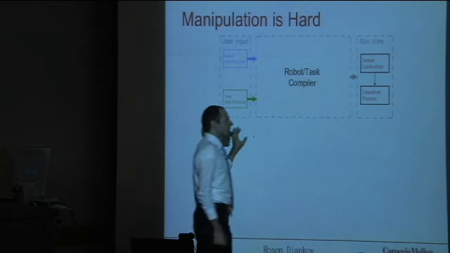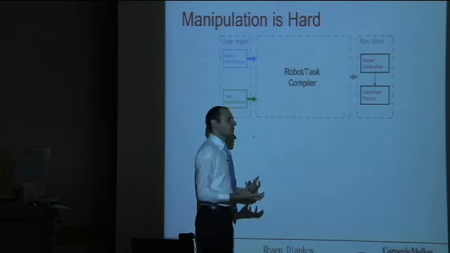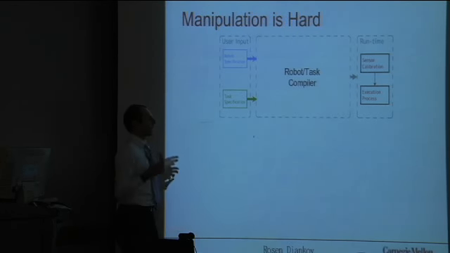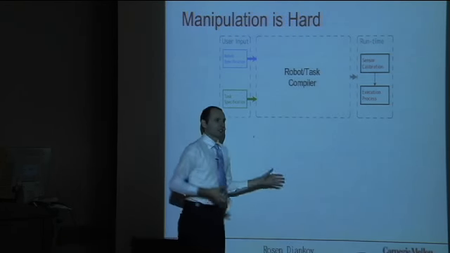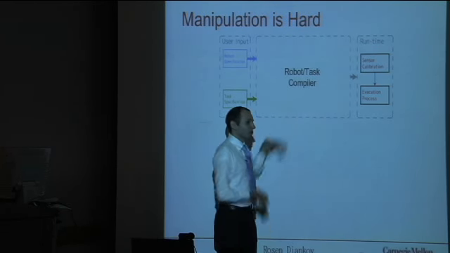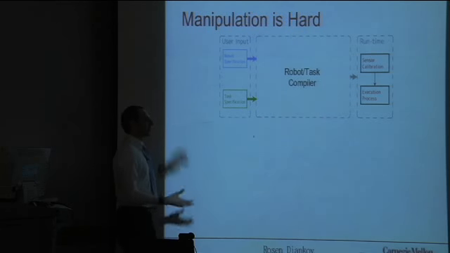In this thesis, we've tried to identify several components that are used a lot in the planning processes, and in the past have been mostly generated by people, but can now be automatically generated. And we definitely have not solved all the problems in manipulation.